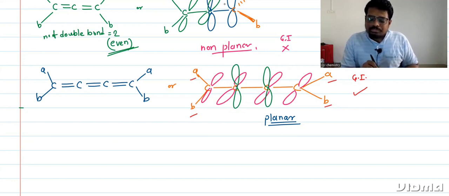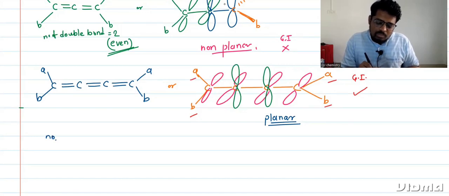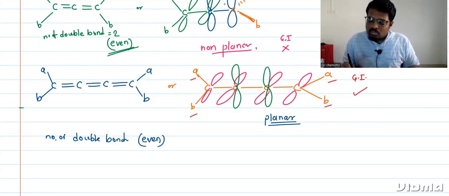Next, so in short, you have to remember, if the number of double bonds is even, then no geometrical isomer.